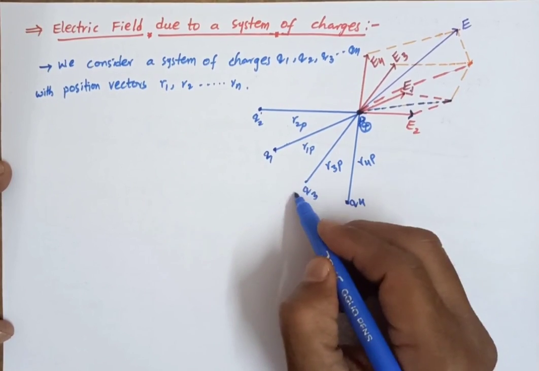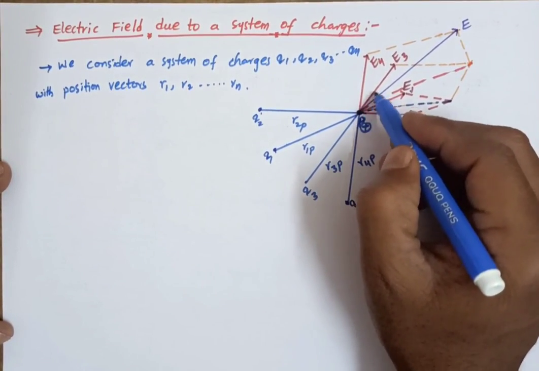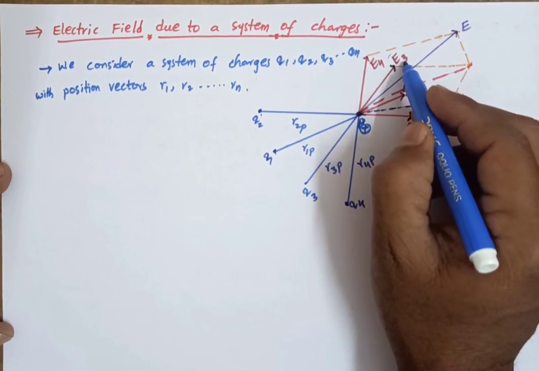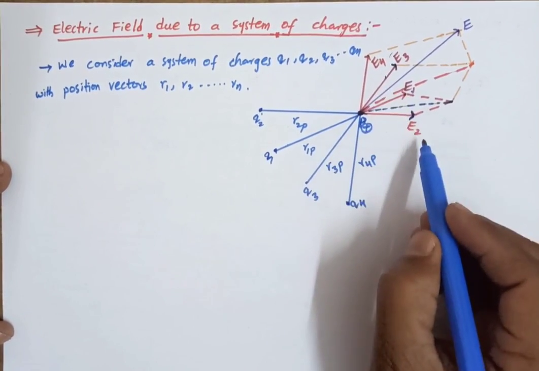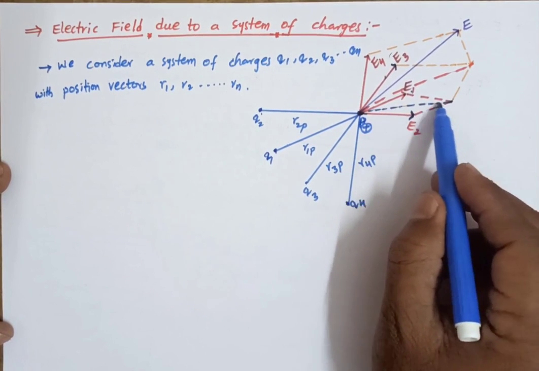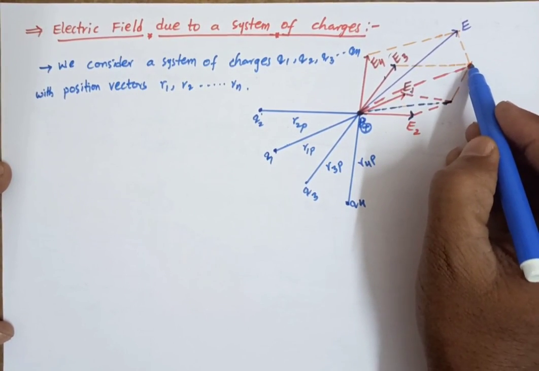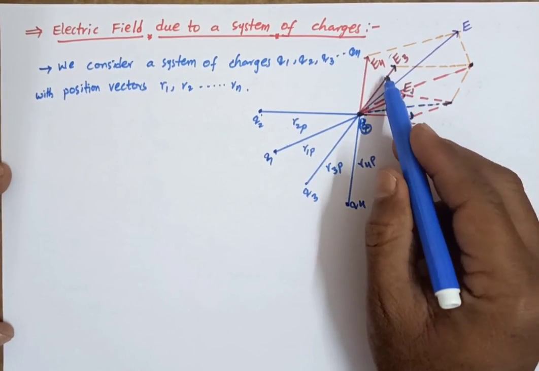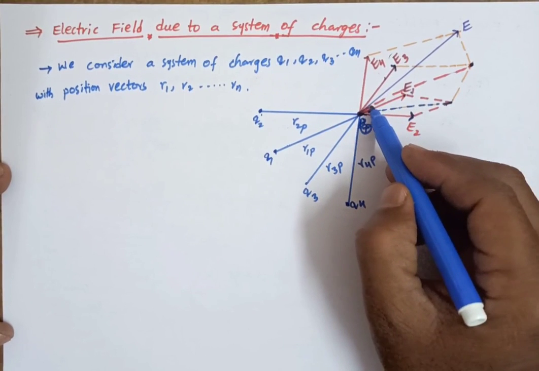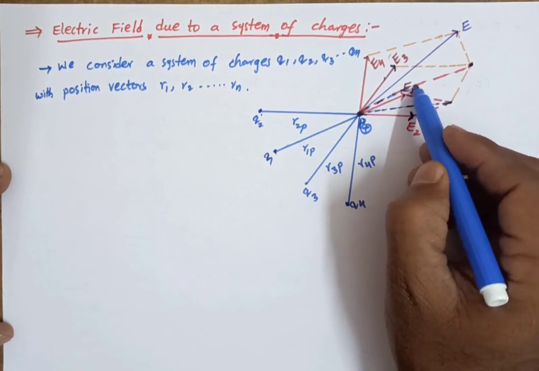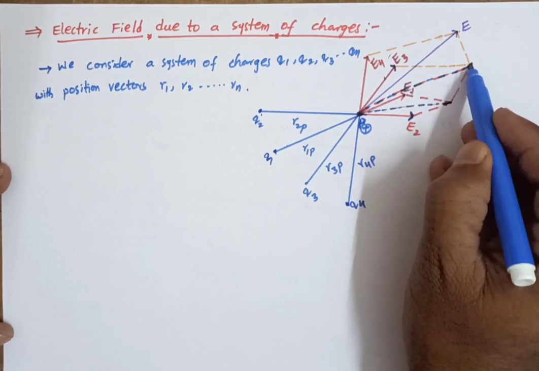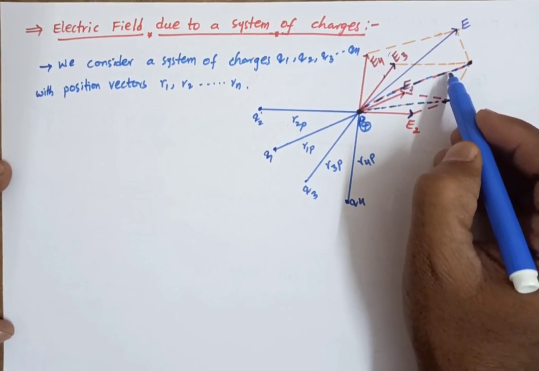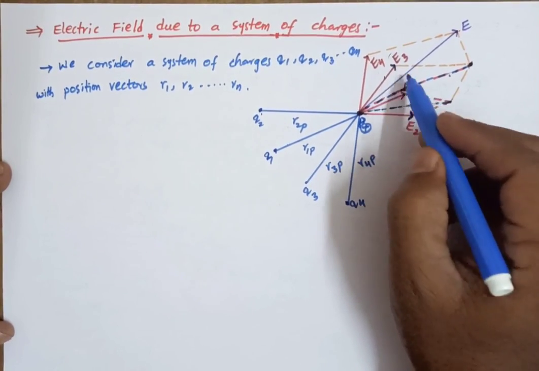For the q3 charge, the electric field strength is E3. This is one side and this is another side, and these are the diagonals of the parallelogram. The resultant is a side of another parallelogram.